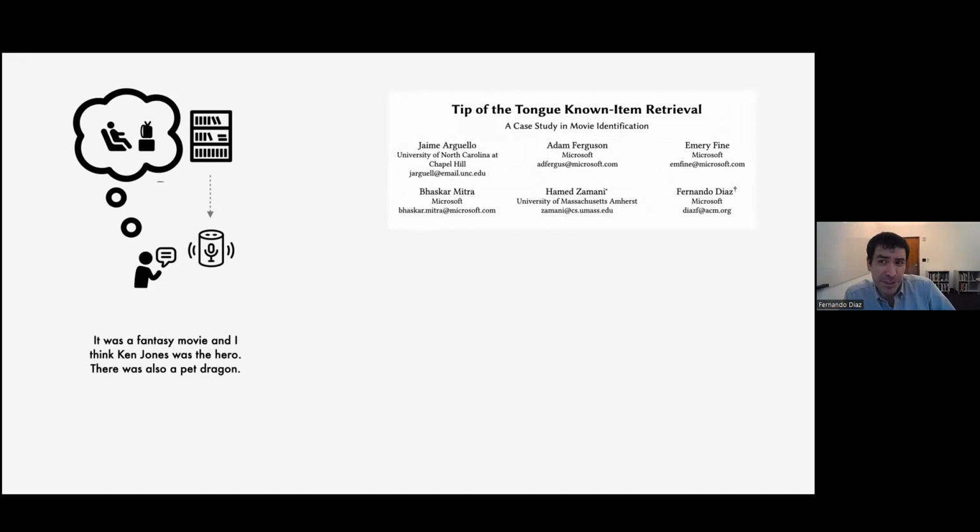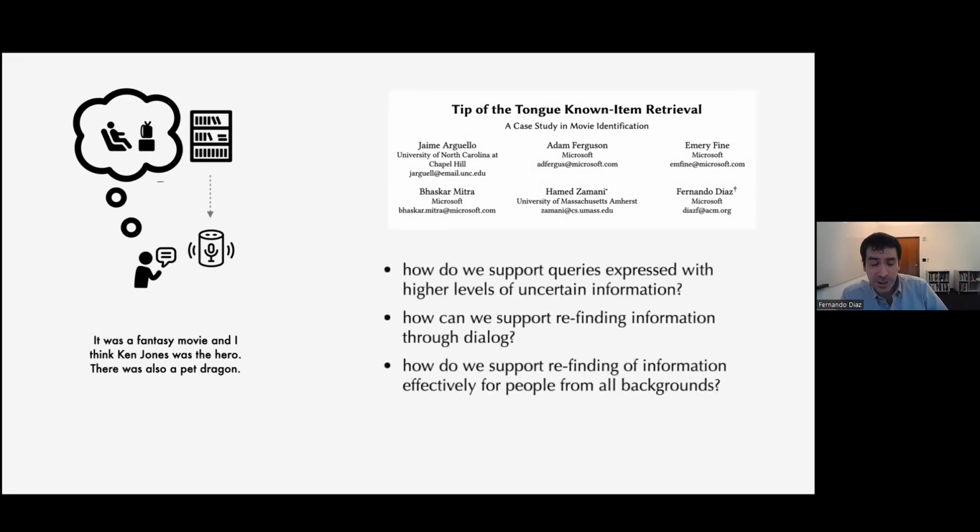These are extremely frustrating states that a user can get into, and the queries that they might express are rife with uncertainty. And so from a search provider perspective, these are extremely important and interesting classes of queries because they have high levels of uncertainty, as I mentioned, so users may not remember exactly, for example, what actors are in the movie.